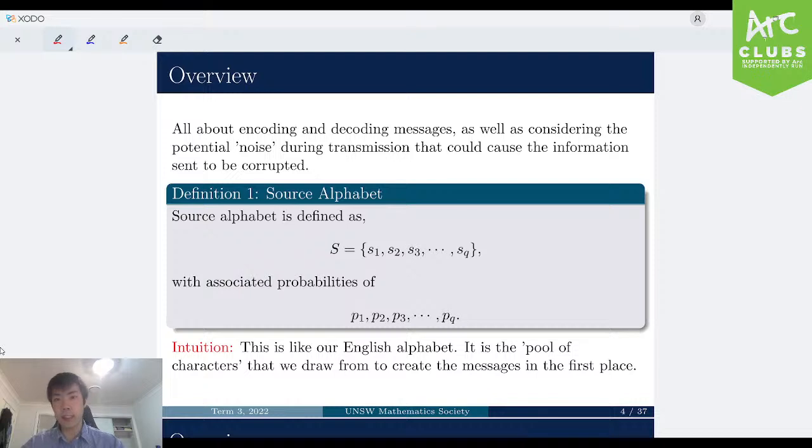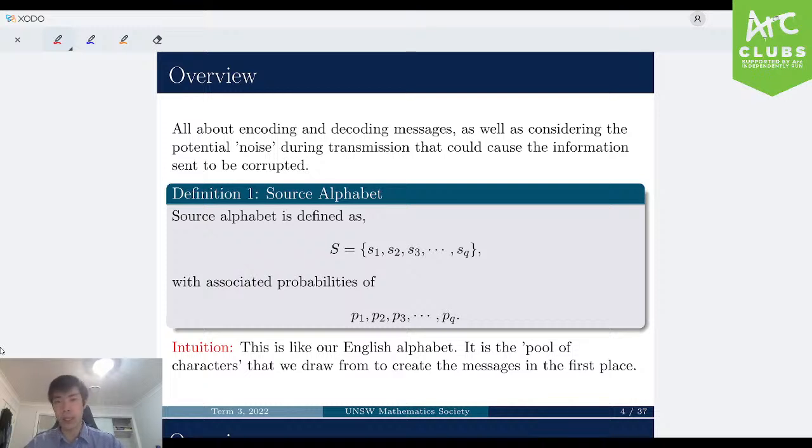So firstly, a first definition is the source alphabet. A source alphabet is just defined as a set, for example, S1, S2, S3, all the way to SQ, with associated probabilities P1, P2, P3, all the way to PQ. Intuitively, this is just like our English alphabet. It's the characters that we use to compose the message that we want to say.